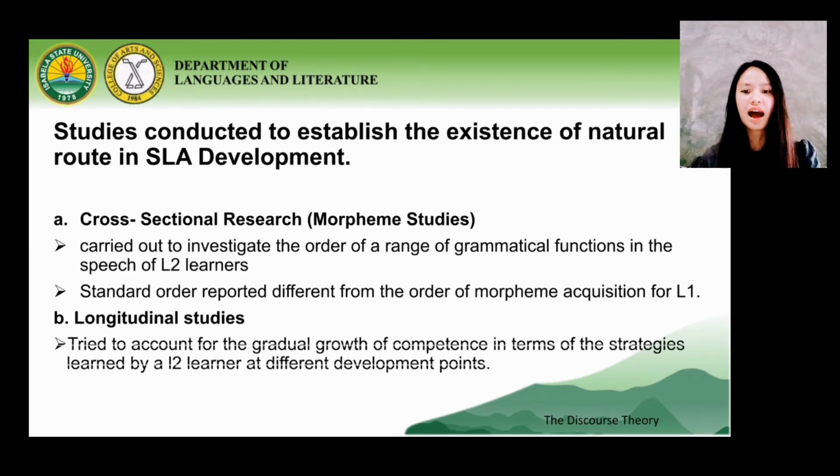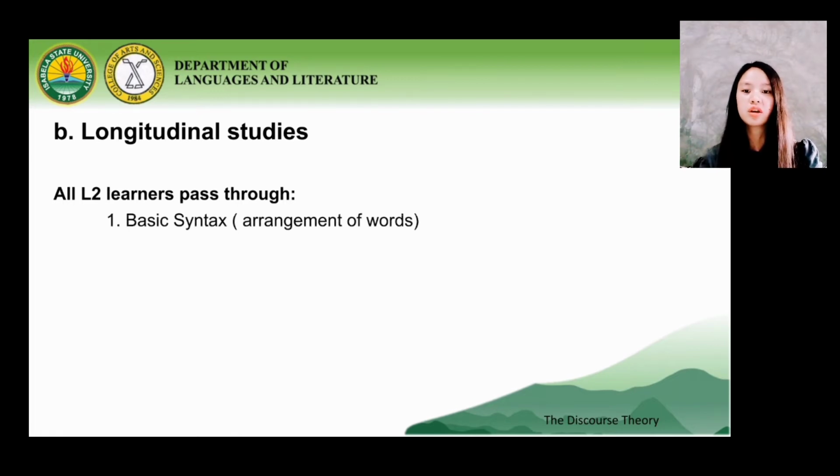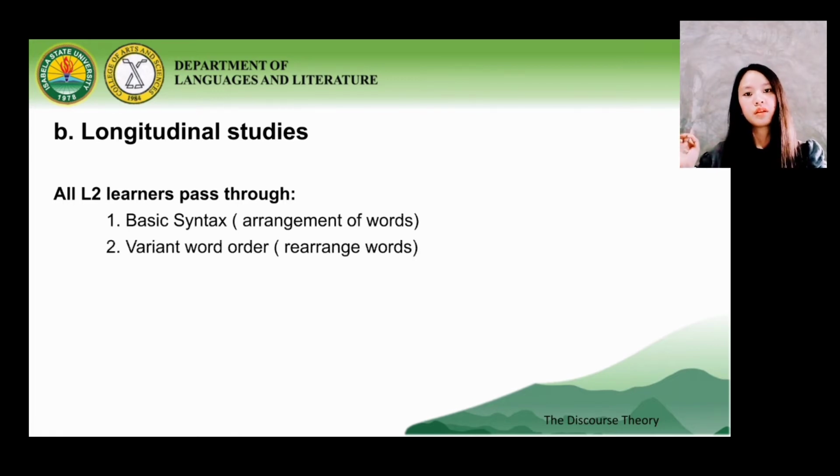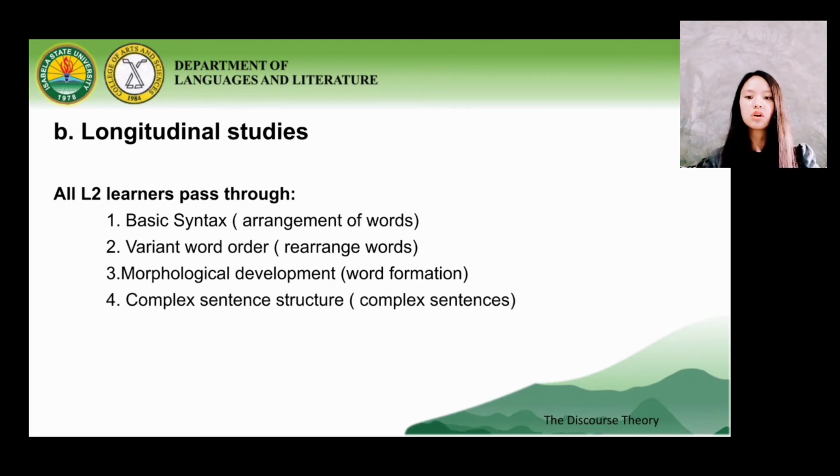In here, it is carried out to investigate the order of a range of grammatical functions in the speech of second language learners. And in longitudinal studies, all L2 learners or all those learners of a second language pass through the basic syntax, variant word order, morphological development, and also complex sentence structure.